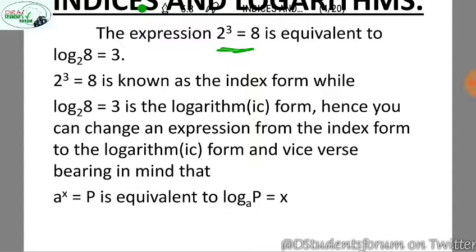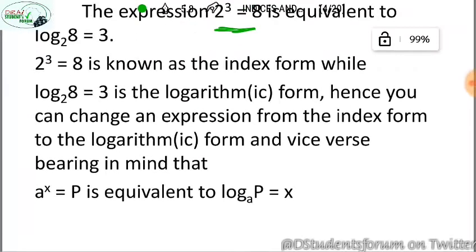Just note that the product of the expression in its index form is also the log number in the logarithmic form. So the product of 2 raised to the power 3 is 8, and the log number of 8 base 2 equals 3.